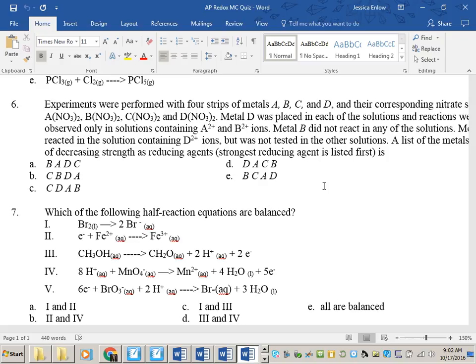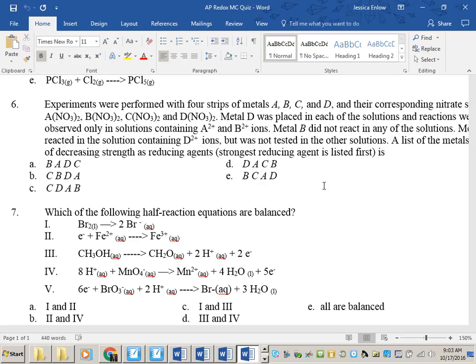Yeah, okay. So strongest reducing agent to weakest reducing agent. B is the weakest reducing agent. Point blank, we haven't finished this question. You've eliminated all choices but what? C and D are the two that you have right now, because B is the weakest reducing agent. Okay. I can't read that question.